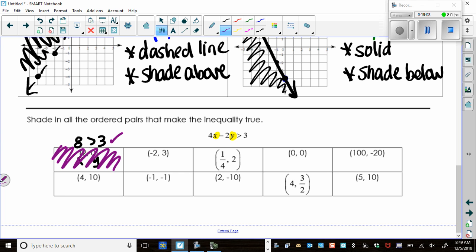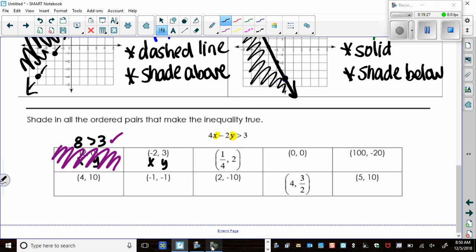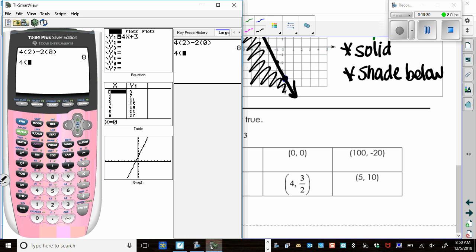Okay? So that's what we're looking for. True statements. Let me show you one where it doesn't work out, and that's the second one. I have x and I have y. I'm going to plug them into the equation. So I have negative 2 and negative 3. So let's go ahead and do that equation. 4 times my x value is negative 2. So I'm going to use my minus 2 x, minus 2.